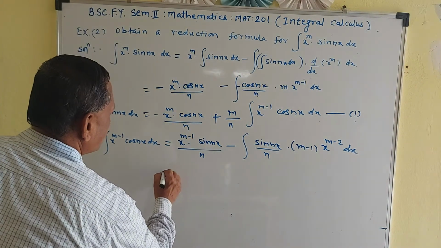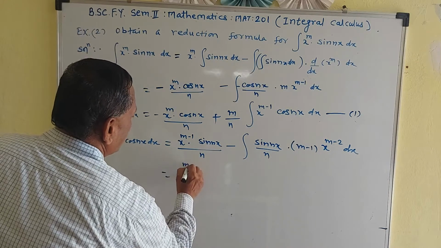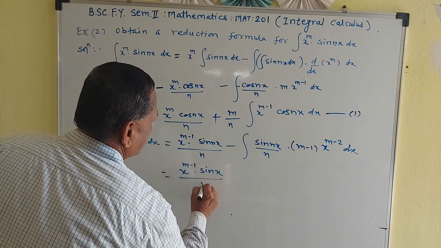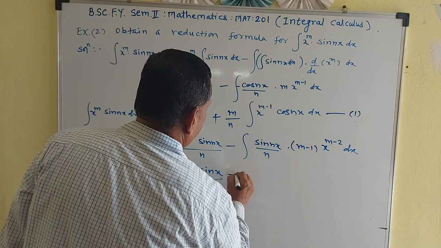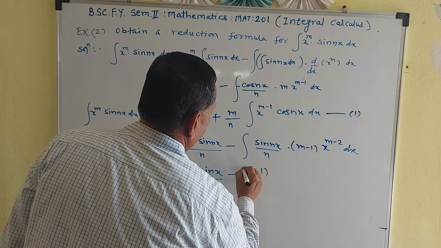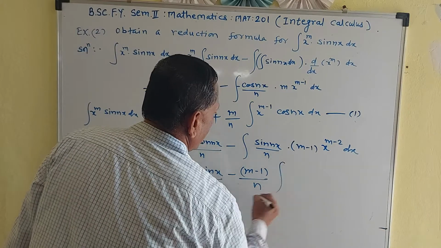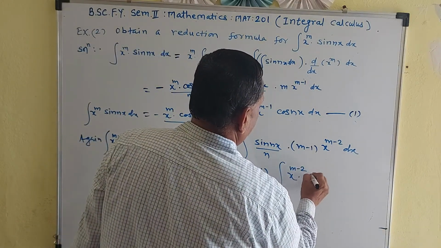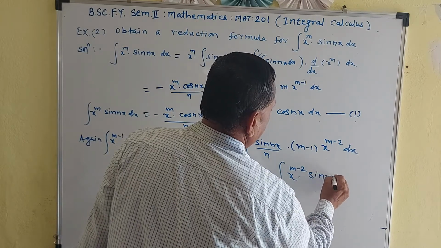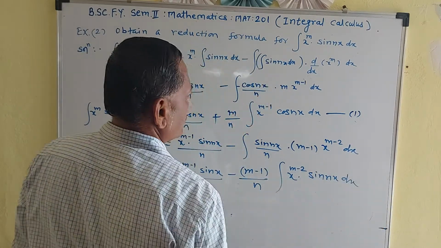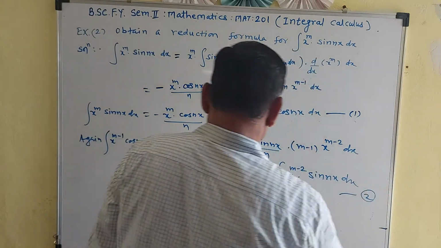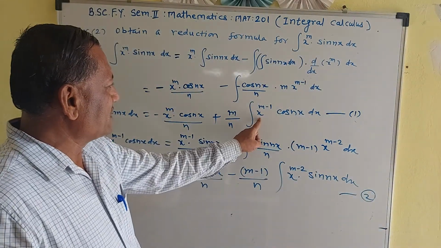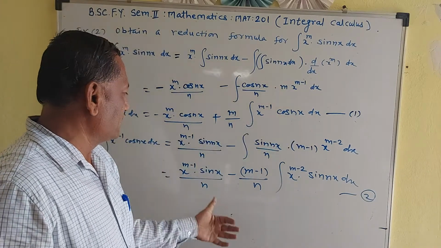So this can be written as x raised to m minus 1 into sin nx upon n, then minus m minus 1 upon n outside the integration into x raised to m minus 2 into sin nx dx. Number 2. So this is the integration of x raised to m minus 1 cos nx dx.